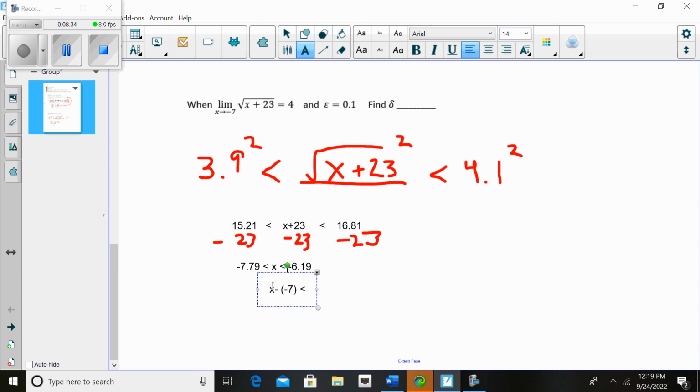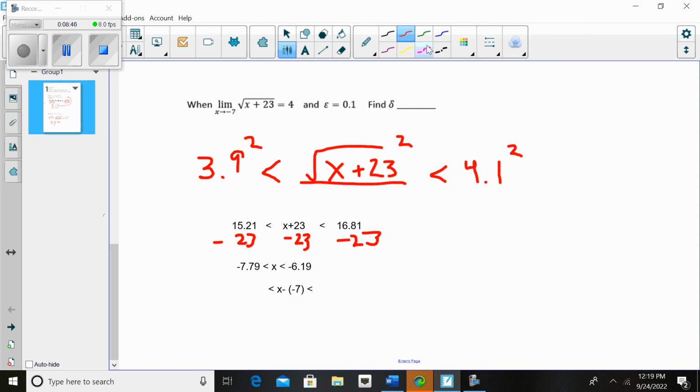Okay, so you are going to add 7 on both sides, and then this is one of the problems where you have to make the choice. Okay, so over here, you get -0.79, and on this side, you get 8.1, okay?